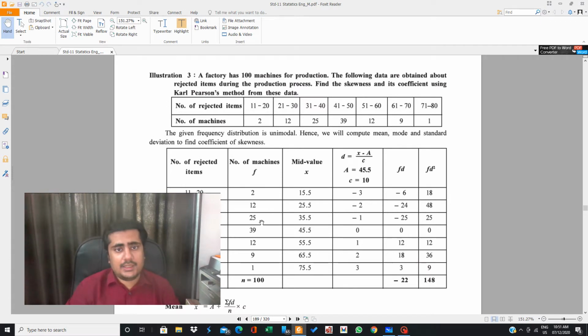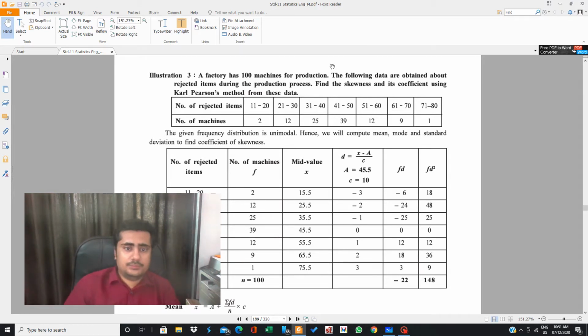A factory has 100 machines for production. The following data are obtained about rejected items during the production. Find the skewness and its coefficient using Karl Pearson's method from this data. Number of rejected items: 11 to 20, 21 to 30, 31 to 40, and it goes to 71 to 80. Number of machines: 2, 12, 25, 30, 12, 9.